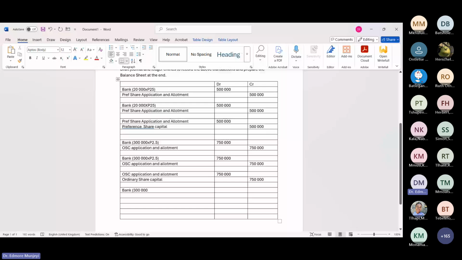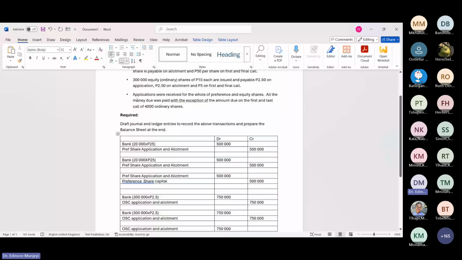All the money due was paid with the exception of the amount due on the first and last call of 4,000 ordinary shares. So these 4,000 ordinary shares were not paid. Out of the 300,000, we subtract the 4,000, so that we are left with the remainder, which is the one that has been fully paid.